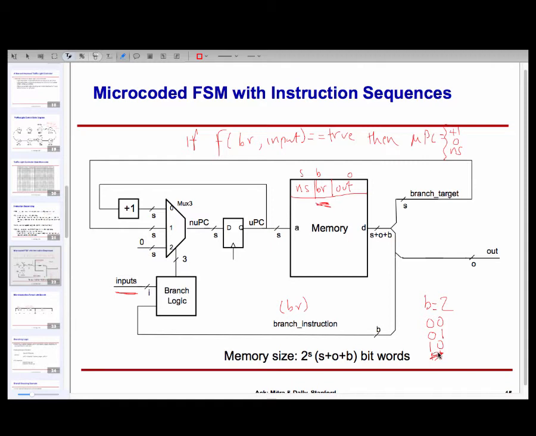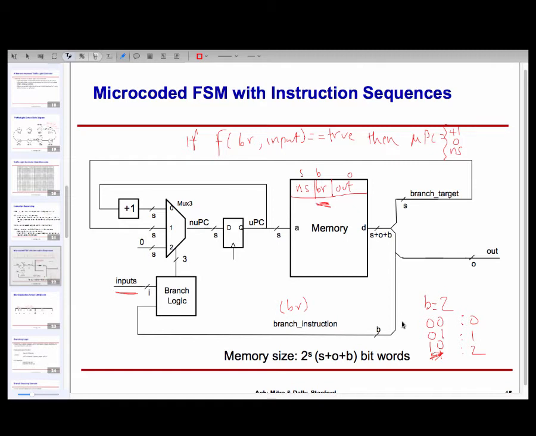I would make sure that in the current instruction, the bits for BR are 1 0, since this corresponds to 0, this corresponds to 1, and this corresponds to 2.